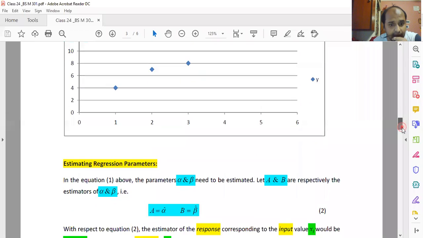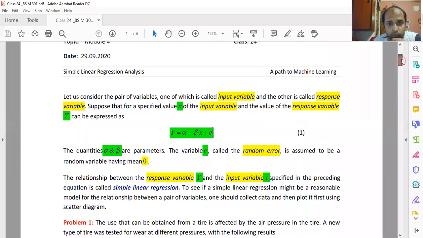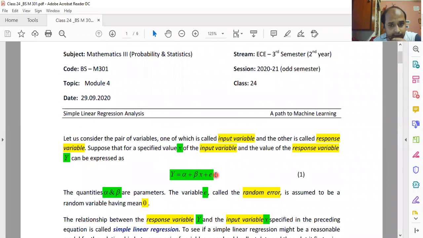How to fit the linear regression? In this equation 1, what is not known to us? Forget about E for the time being. If I say y equals alpha plus beta x is the equation, what is not known to us? The parameters alpha and beta are not known to us.